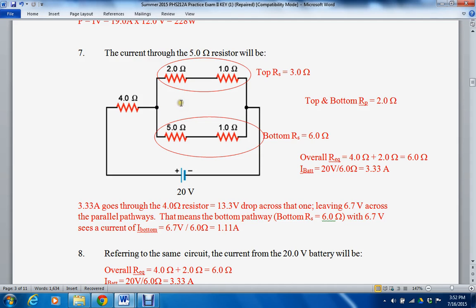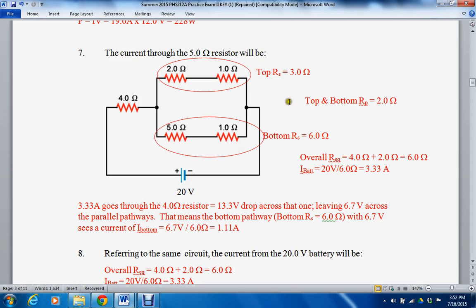First thing I do is figure out the equivalent resistance of the circuit. So all of the current goes through the 4 ohm resistor, so that's in series with whatever comes after it. And then it splits off into two pathways that are parallel to each other. Each of these parallel pathways has two resistors that are in series, so that's where I'll start. I'll simplify there.